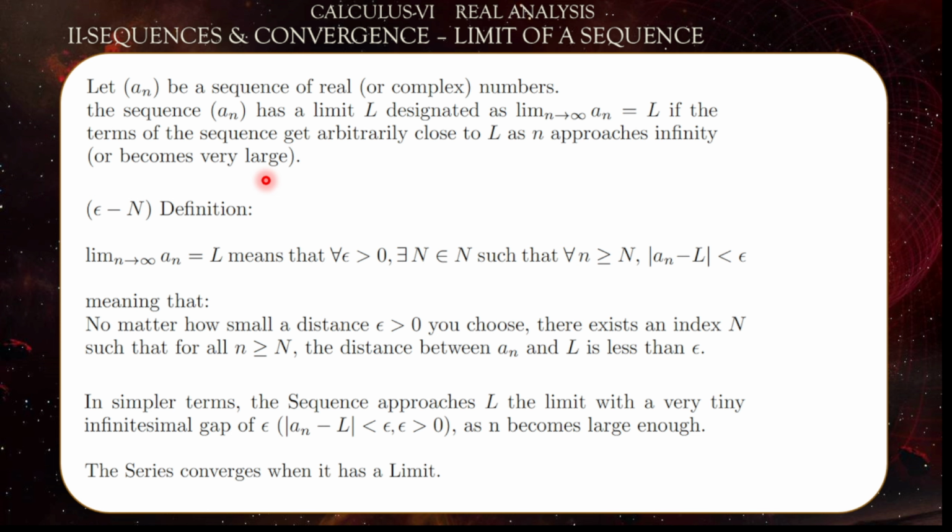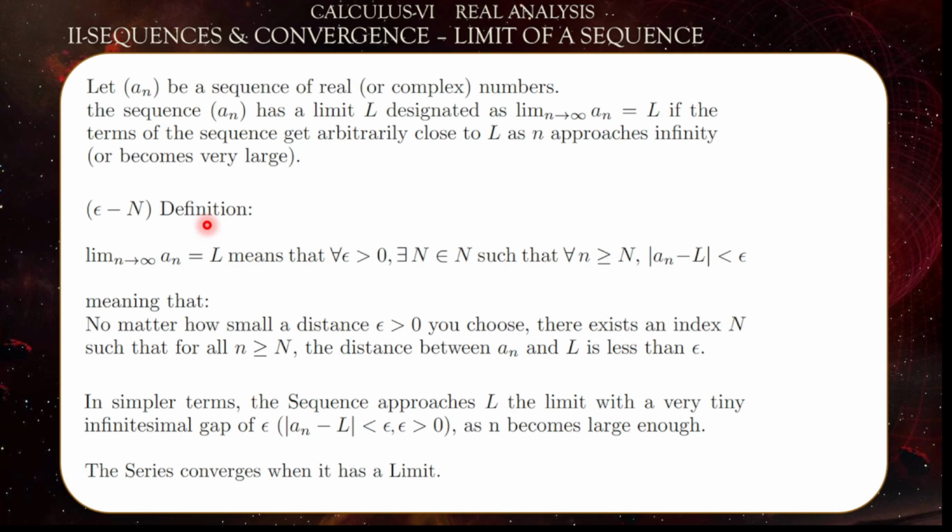So if as n approaches infinity, the terms themselves of the sequence get arbitrarily close to L, to the limit, then this is what is called the limit of the sequence. L becomes the limit of that sequence as n becomes very large or as n approaches infinity.